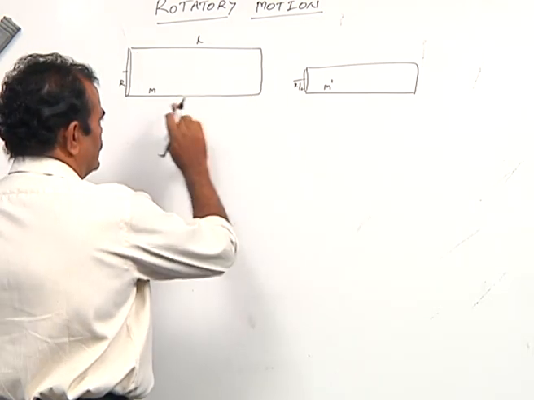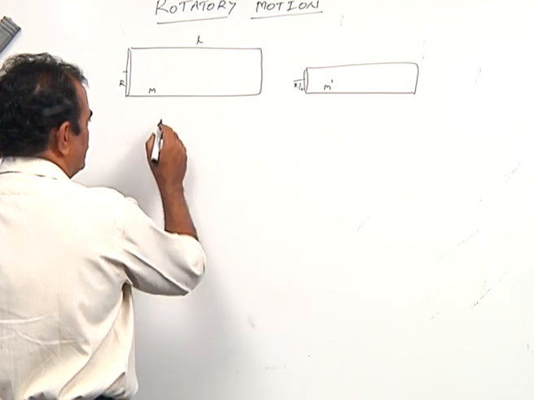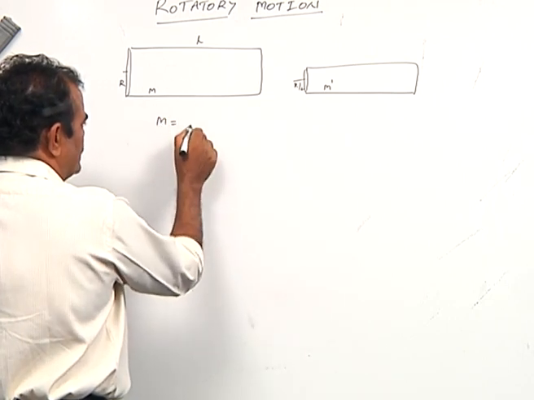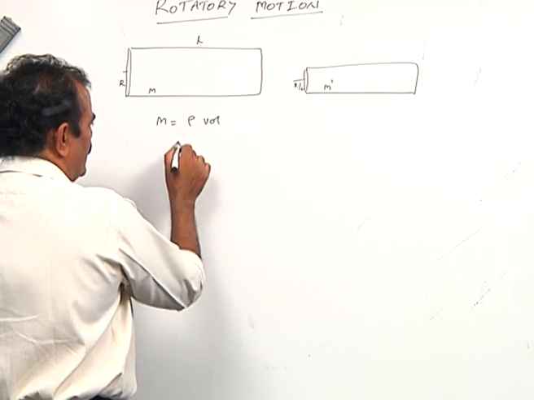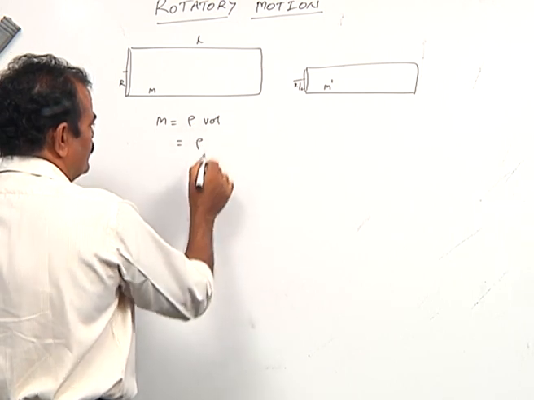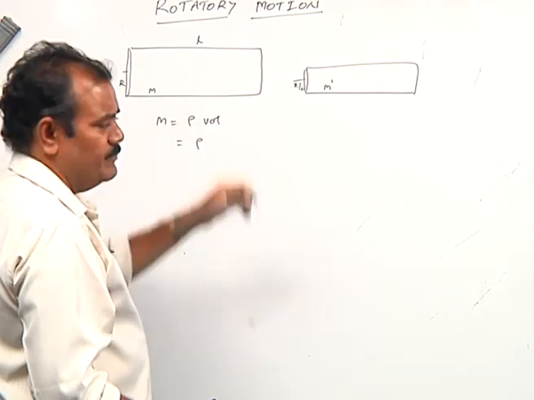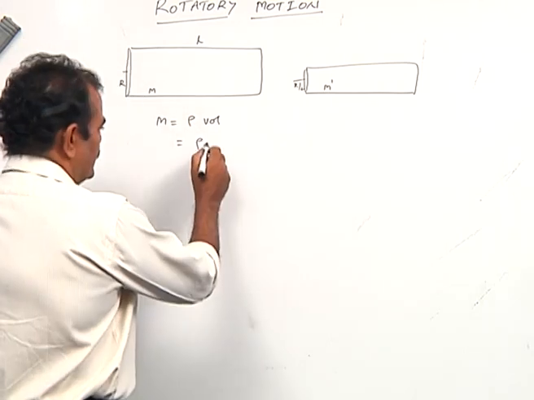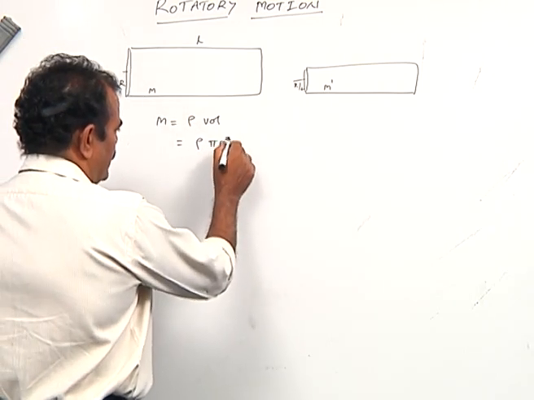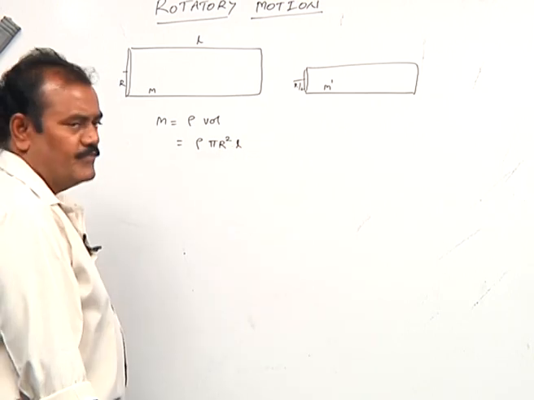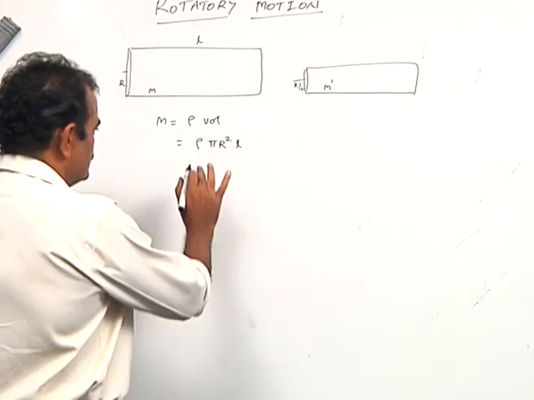First of all, m can be taken as density into volume, rho times volume, and the volume is nothing but that of the cylinder, pi r square L. So this is m.